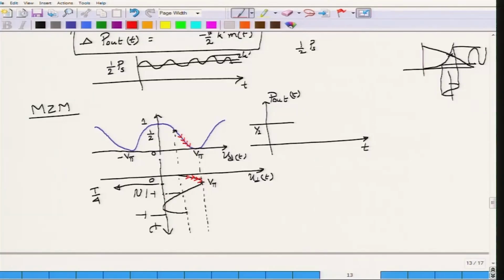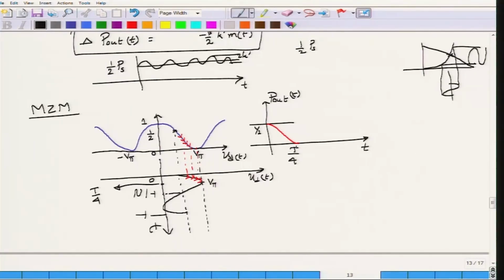You can do that by pairing off each point like this. So, pair off these points, and eventually when you pair to the point at V pi, which the modulator is going through at t equal to T by 4, the output of the Mach Zehnder modulator would have gone down to 0. So, I have to start from this value of half and then come down to 0 at T by 4.